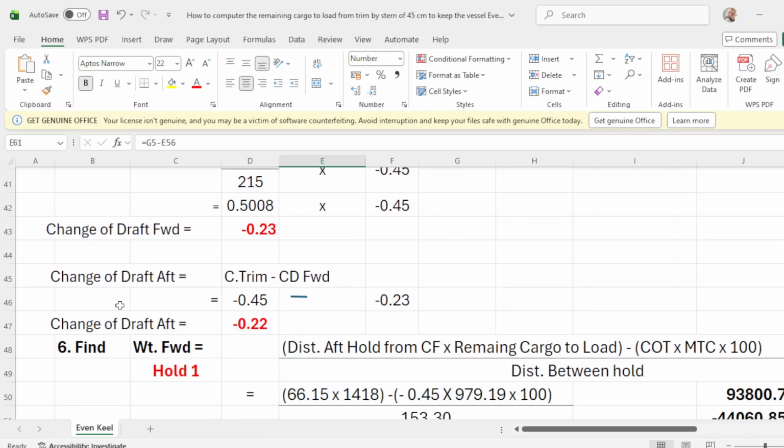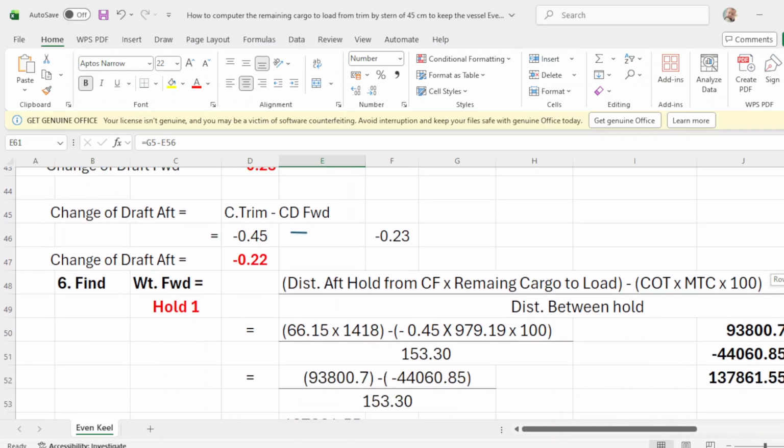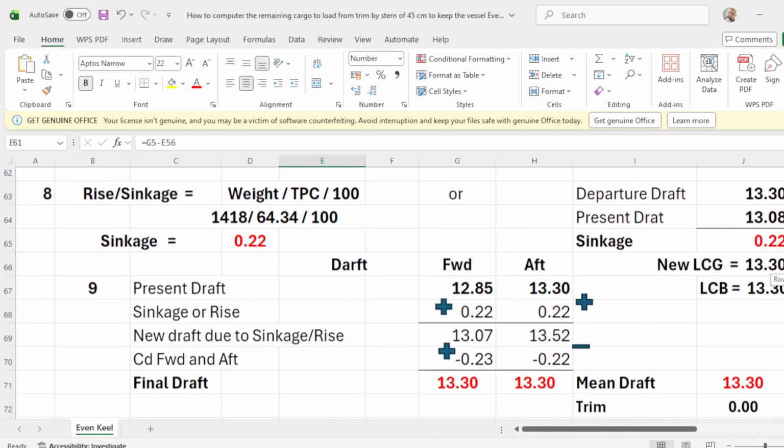Now, the formula to get the change of drop up is your change of trim, which is negative 0.45, minus your change of drop forward, which is negative 0.23. Then your change of drop up will be negative 0.22. So take note of 0.23 and 0.22, all negative. Then apply that to your equation.